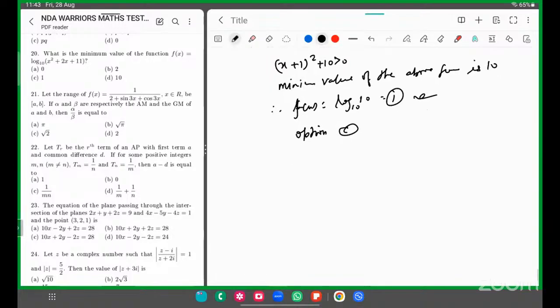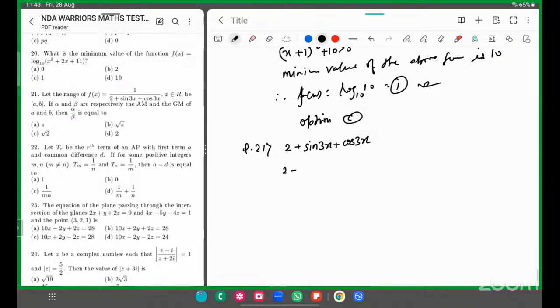What output can we get? Question number 21 is 1 upon 2 plus sin 3x plus cos 3x, so we need to solve it first. If you try to solve it, root 2 you can take outside, and 1 by root 2 can be taken inside.